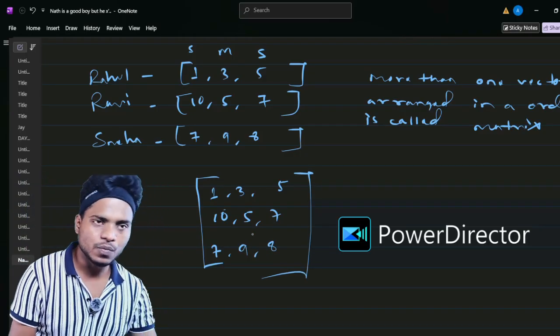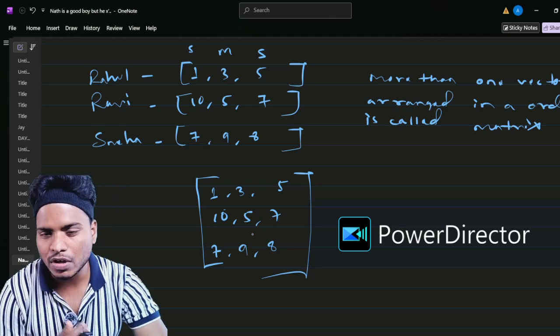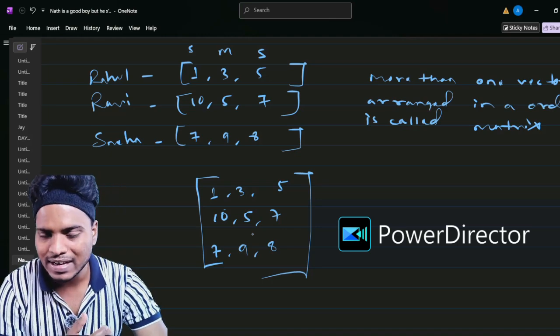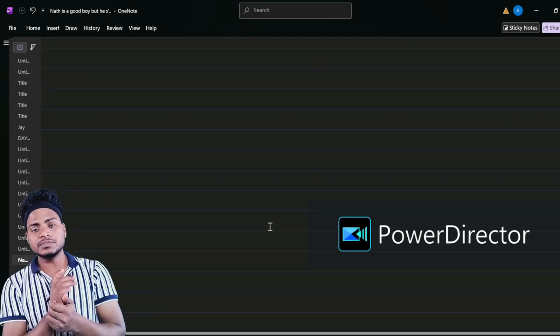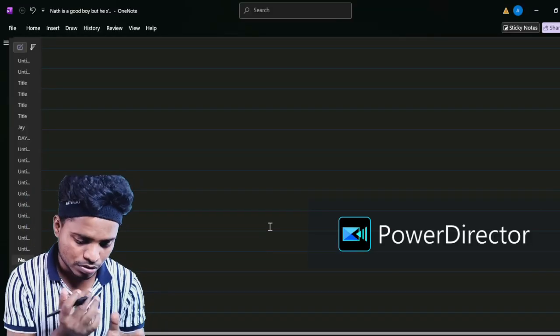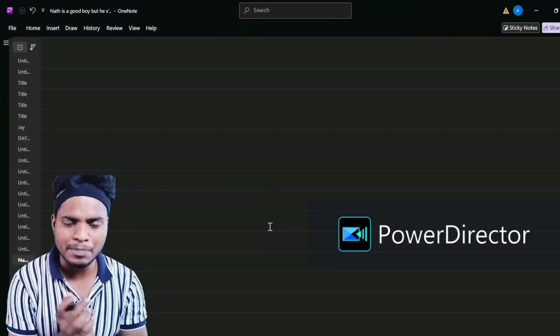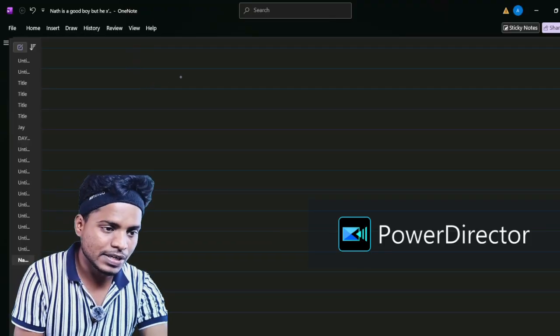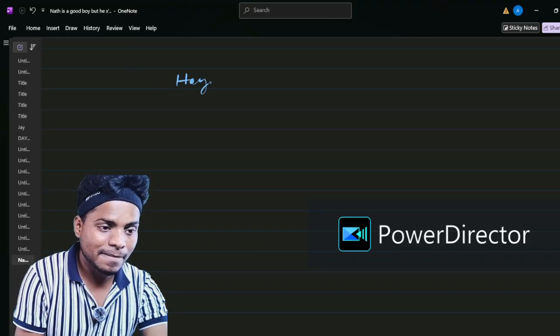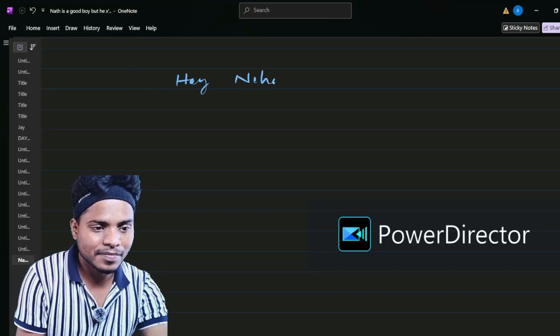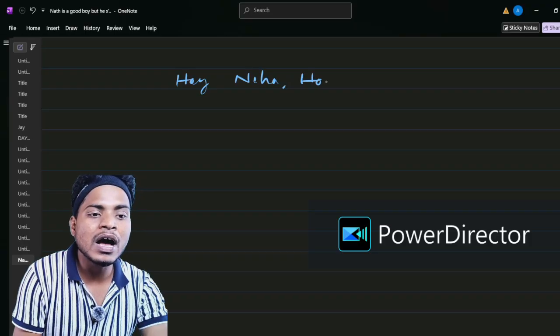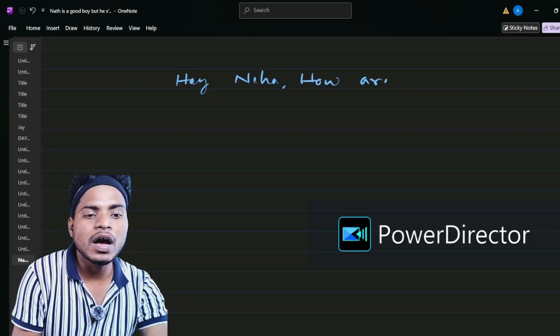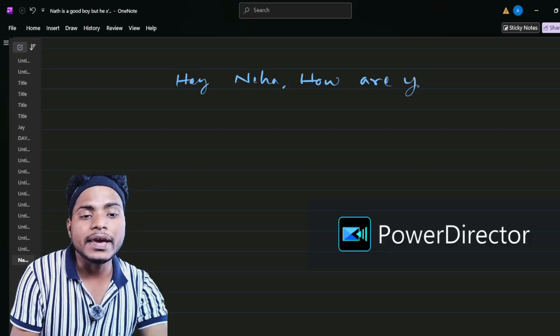Then let's understand what is the real application of matrix and vector in AI. Let me give you an example. Suppose you are writing a message to your girlfriend. You're writing, hey Neha, how are y.